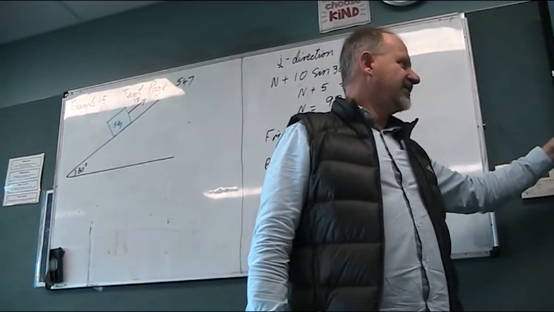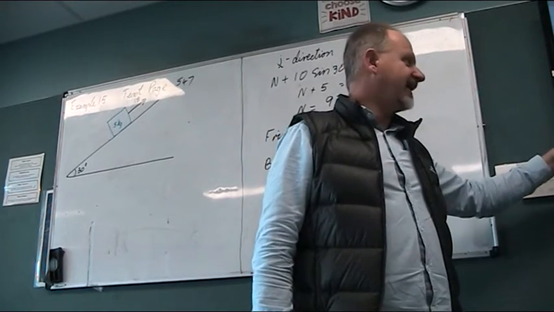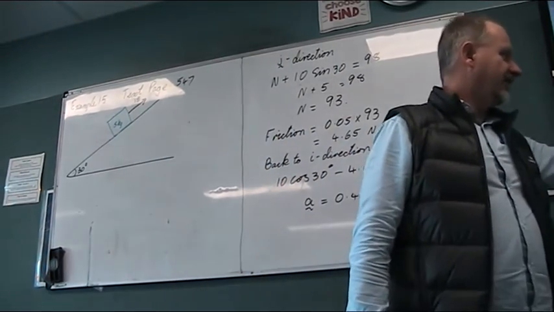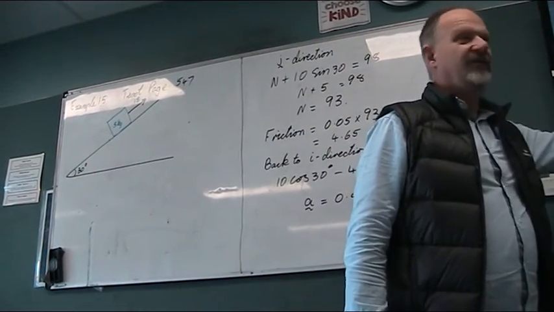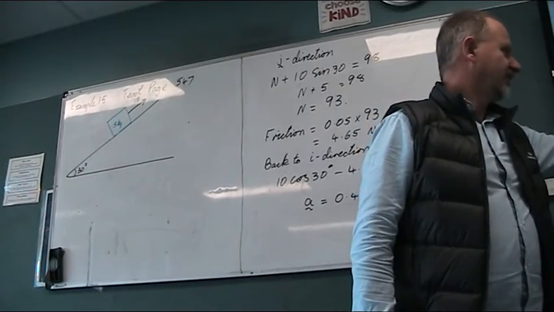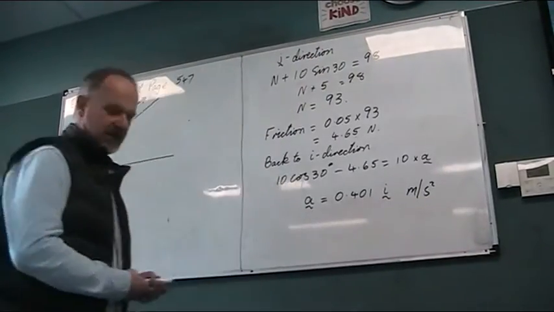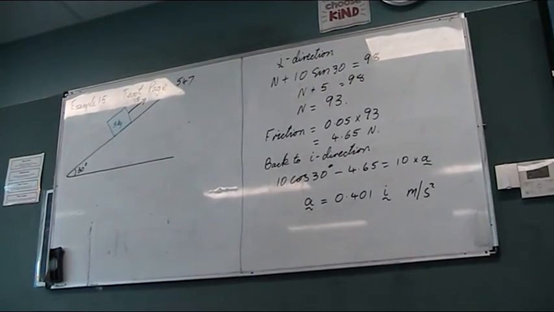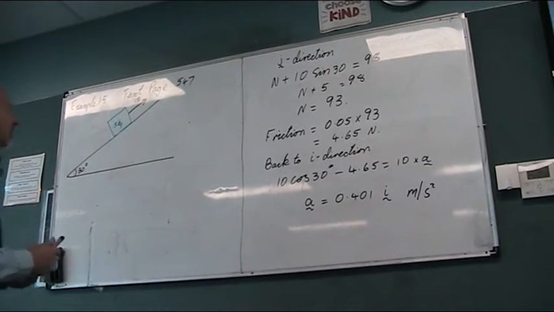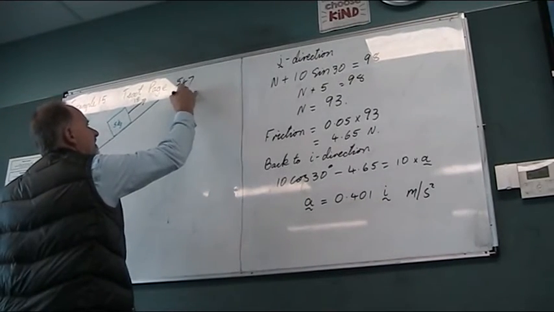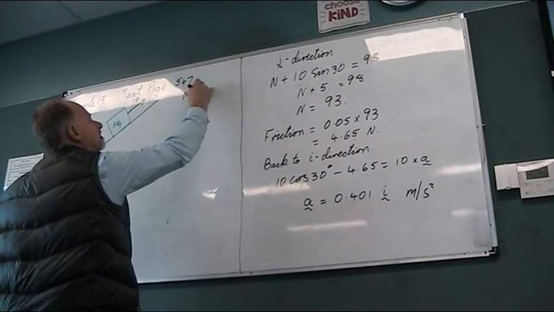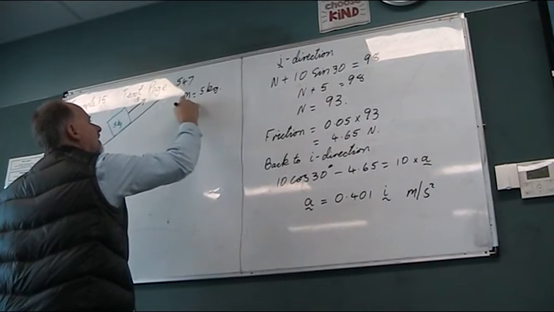If they haven't mentioned friction, there isn't any, and also they've used the word smooth here. So we ignore friction. So the mass is 5 kilos and no friction.